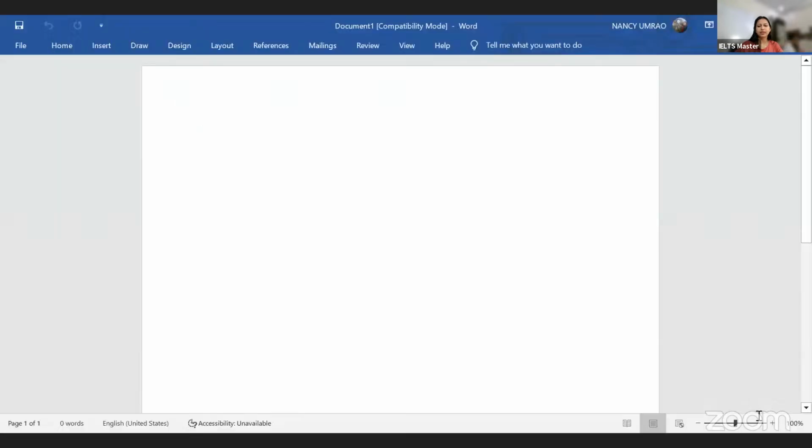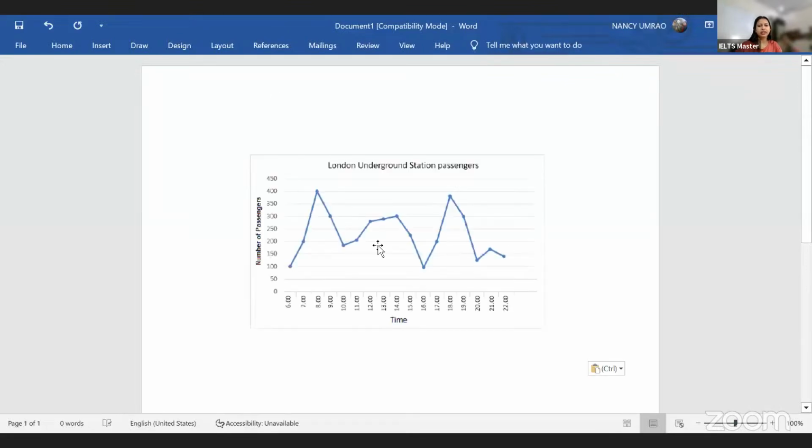Now, for example, I am sharing my screen with you. So here is the graph. I hope everyone can see the graph on my screen.